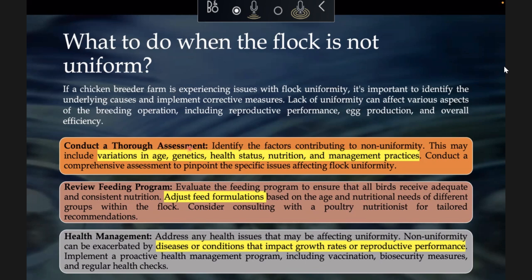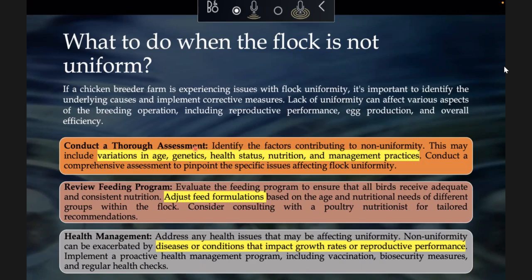Thorough assessment, because for the broiler strain or layer strain, that may be for only one generation, right? If they are not uniform, that will hamper the productivity, the economic risk, for only one time, for that stock only.